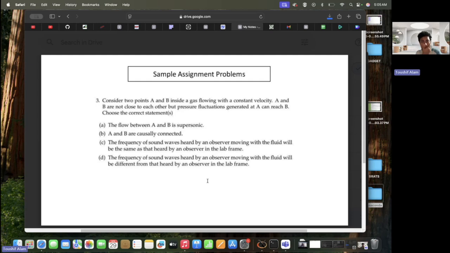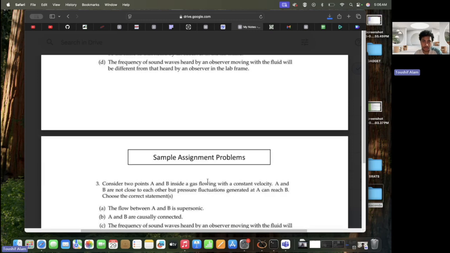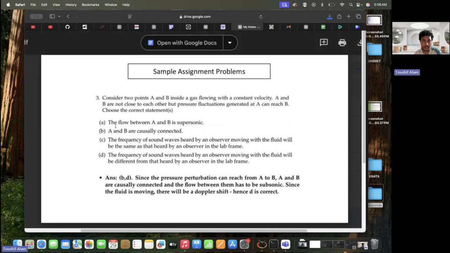Okay. So two points can be inside the gas flowing with a velocity. They're not close to each other, but the pressure fluctuation generated at A can reach B. So to rectify this, you can see whether the flow between A and B can be supersonic. Since the pressure fluctuation can reach from A to B, they are causally connected, and the flow between them has to be subsonic because they are connected, right?